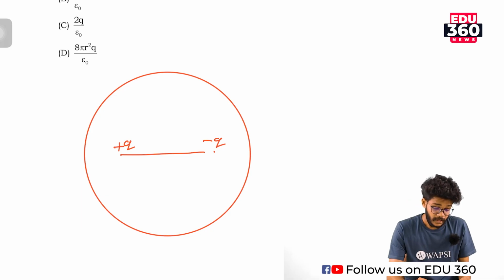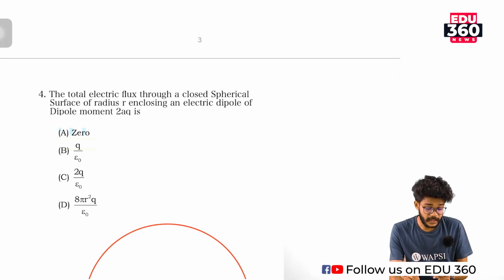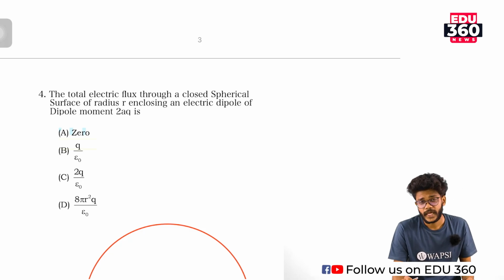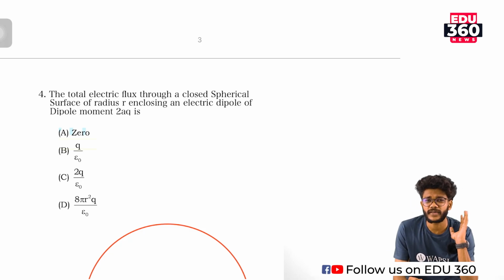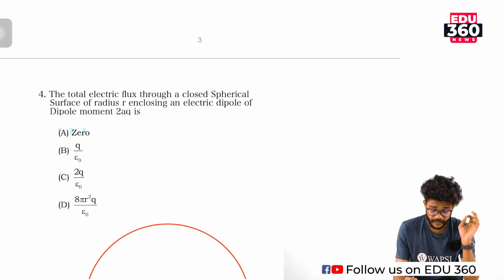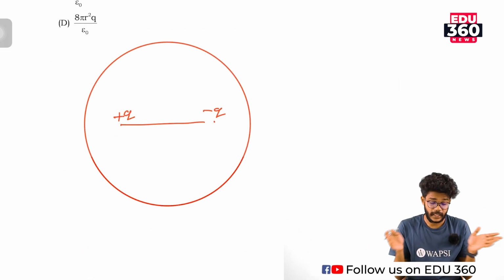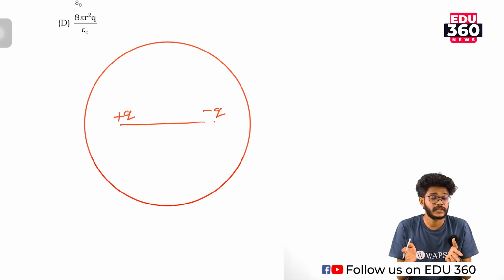Okay, we have to calculate the flux, and here they have given us the dipole moment 2aq. Actually, what is meant by flux? Total number of field lines passing through a surface. For positive charges the flux goes outward, and for negative charges the flux comes toward the charge.